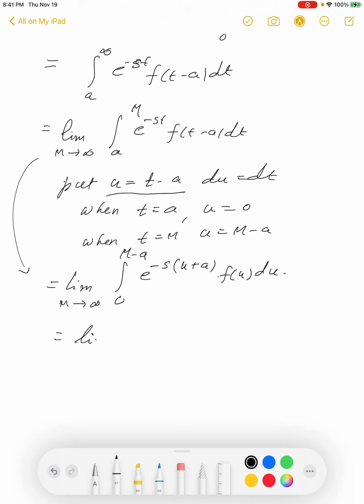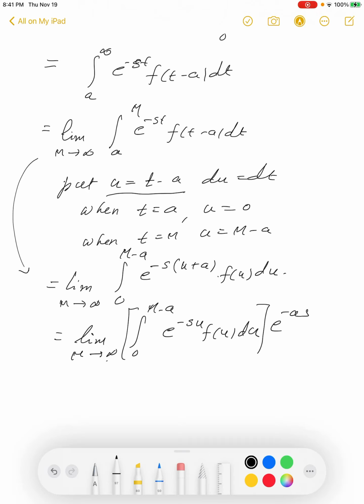So this is the limit as m tends to infinity of the integral from 0 to m minus a of e to the minus su f of u du, and then there is a factor of e to the minus as left, which has nothing to do with the limit, because the limit is when m tends to infinity.